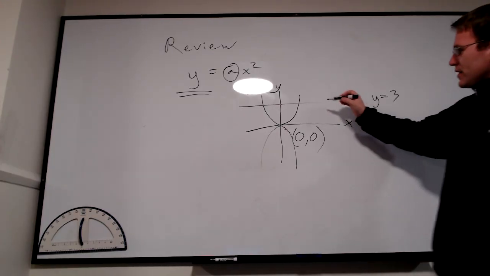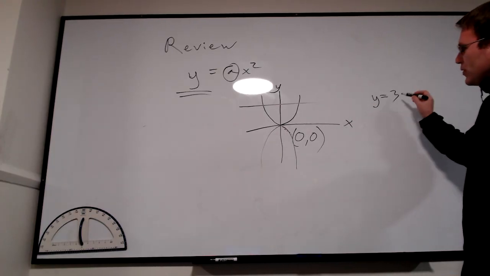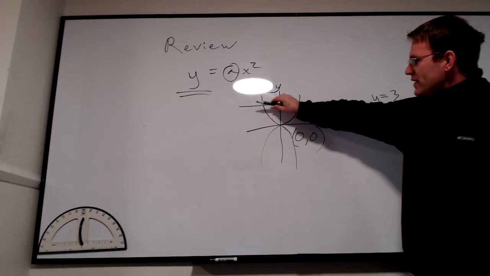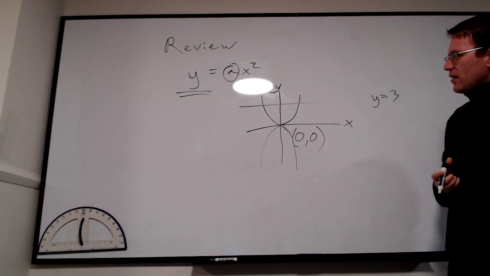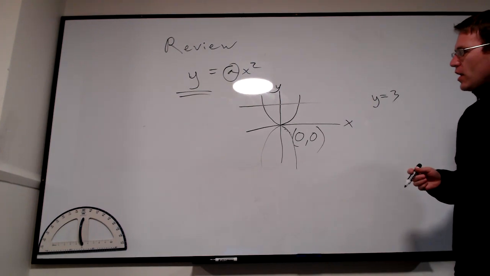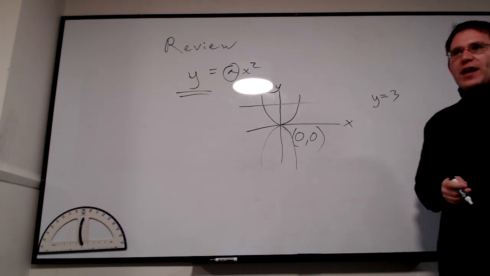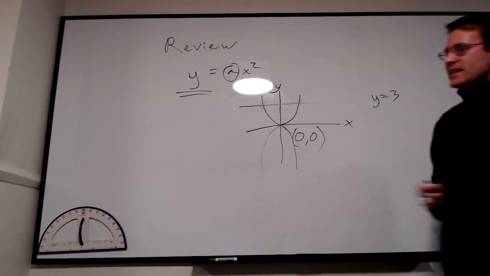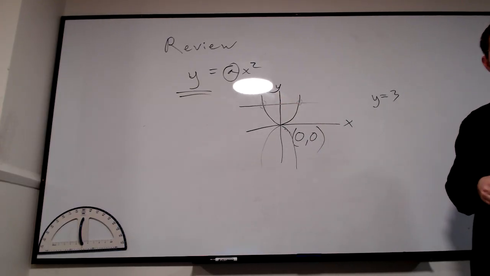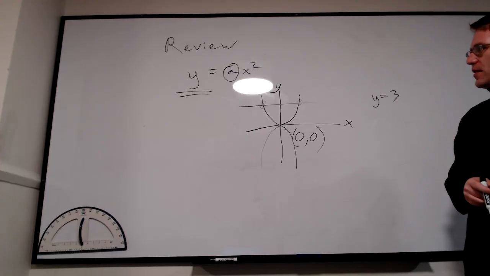If y equals 3, then we can represent this graphically with this cross section. And you'll see that for that one y value, we have 2 x values. So that means there's going to be 2 solutions.